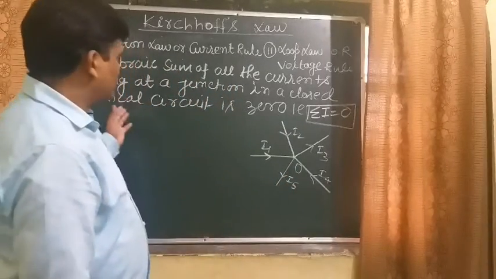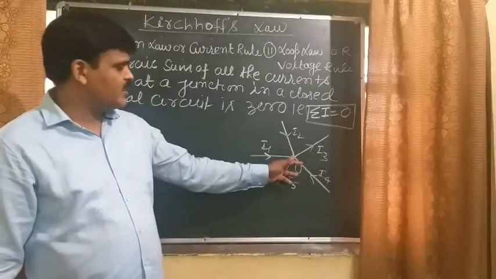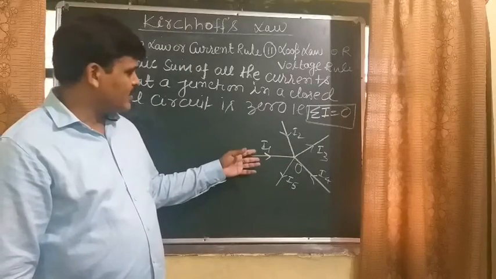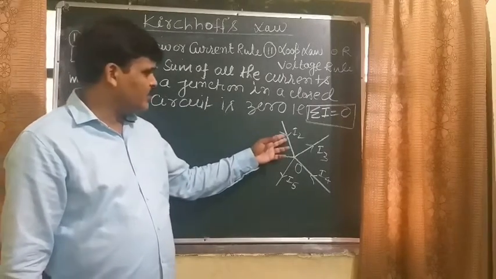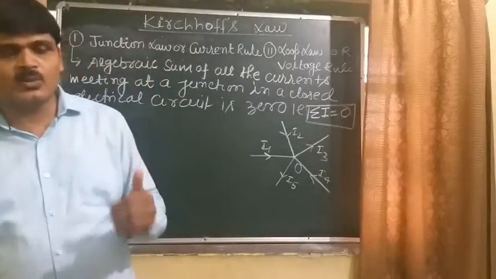So here O is the junction in an electrical circuit which has conductors carrying currents I1, I2, I3, I4 and I5 meeting at the junction O.